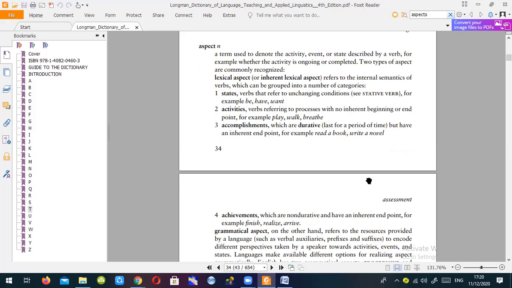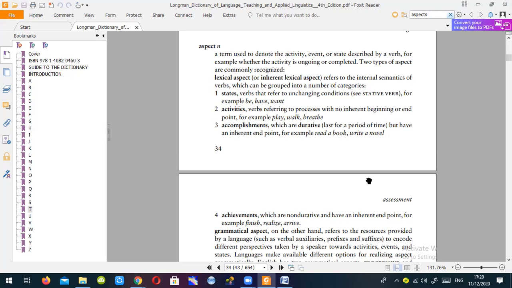Look at here, a common dictionary. Aspect generally, even when we say simple aspect, right? A simple aspect is not aspect at all. Maybe continuous, perfect, maybe perfect continuous, right? Generally, this term means activity, event, or state described by a verb. That's called aspect. What does a verb do? We have discussed verbs earlier as well.